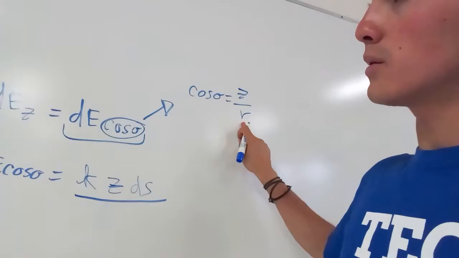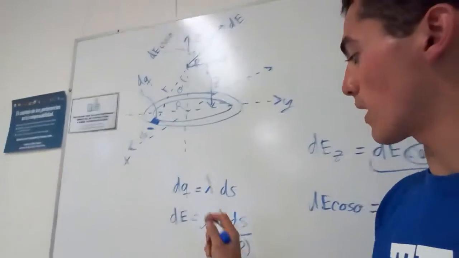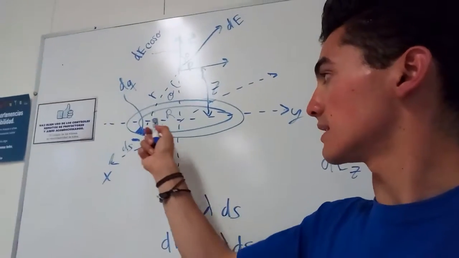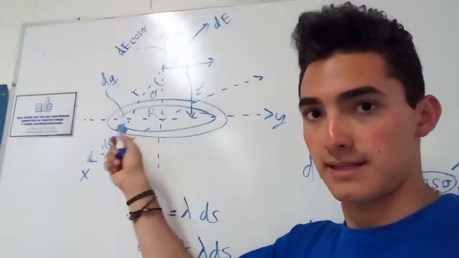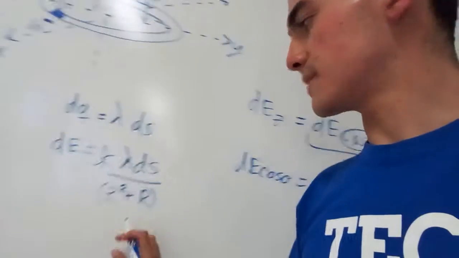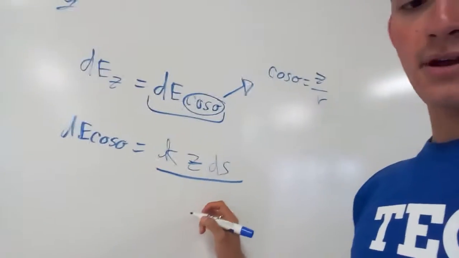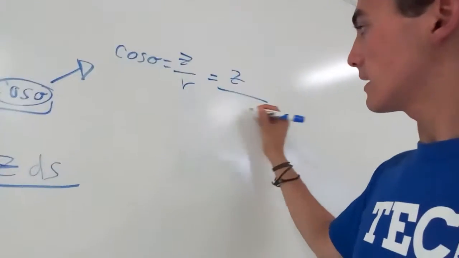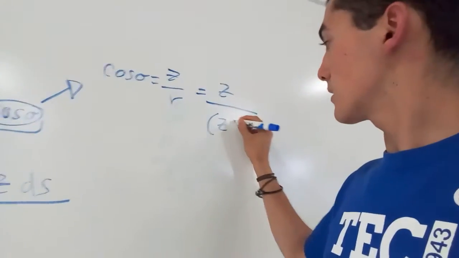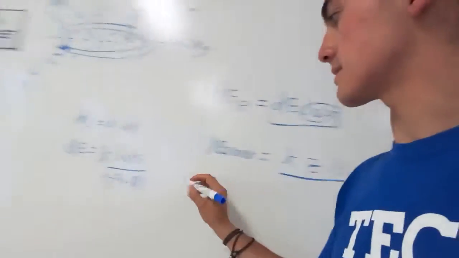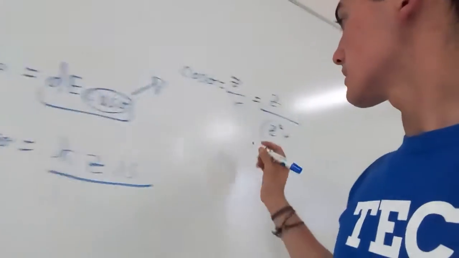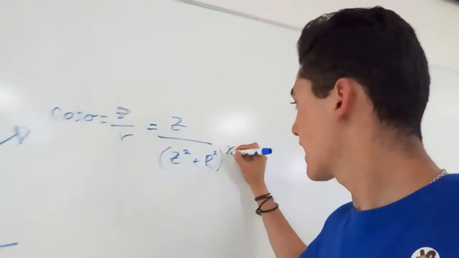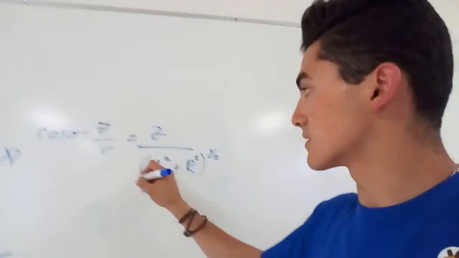r squared, but our r, we mentioned, was the relation between the z and the capital R, that is our radius. So we will obtain here that our r will be exactly z squared plus R squared, all to the one half because it's the square root.